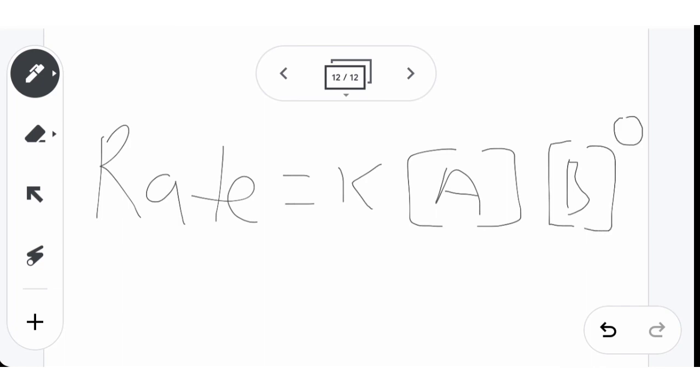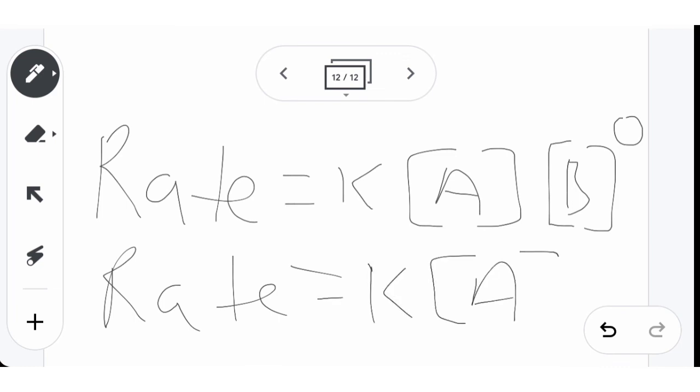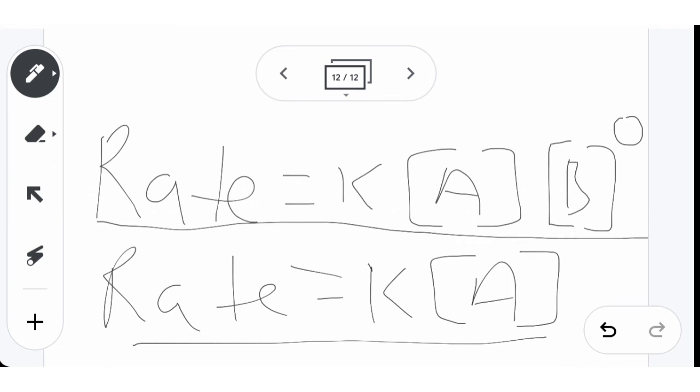Okay. So we can as well write the rate as follows. So this is the same as k times A, because anything raised to the power 0 is 1. So we can also write it like this, or if we want, we can write it like that. It's all the same. So that's the answer for the first part.